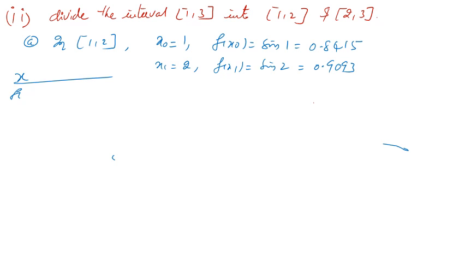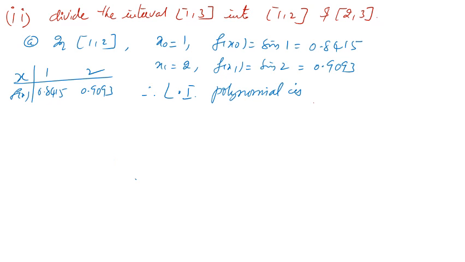So the data here is x versus f of x: x0 = 1, x1 = 2, with values 0.8415 and 0.9093. Therefore Lagrange's interpolating polynomial is P1(x) = L0(x) f(x0) + L1(x) f(x1).